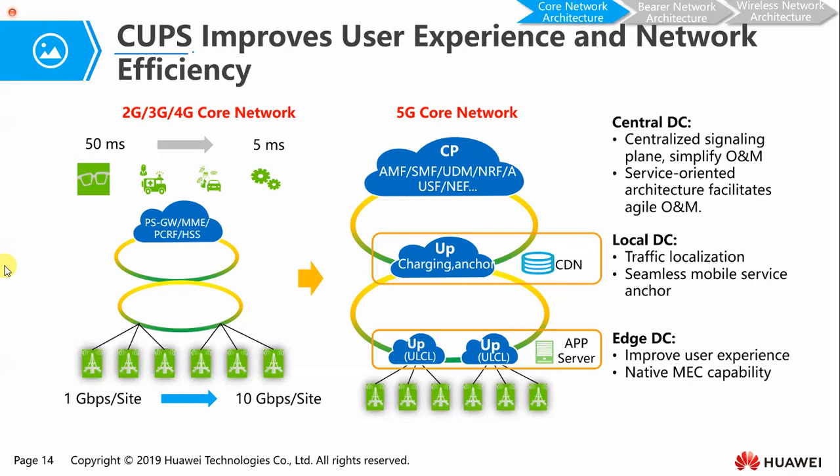The left side is the structure for 4G, and the right side is the structure for 5G. Let's say we want to download some video from the terminal, the UE.